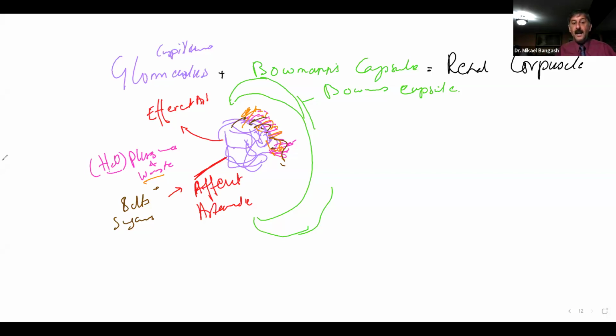Now, ideally, we never want to see proteins in the urine in the first place. The reason that normally proteins won't be able to exit the capillaries or leave the bloodstream is because proteins are very large molecules. So they're too big to normally leave the bloodstream.